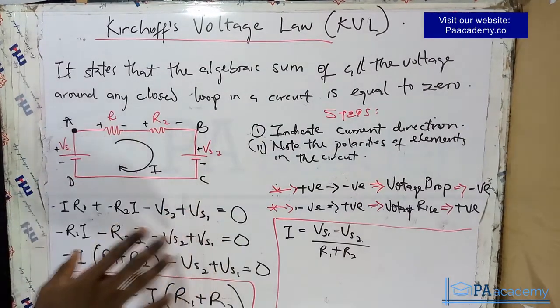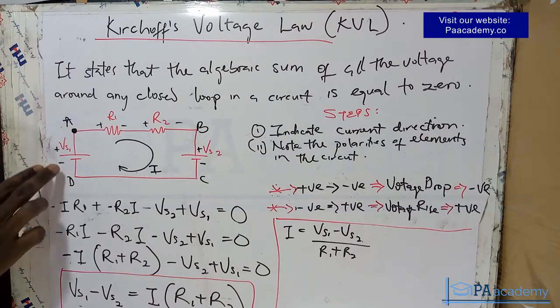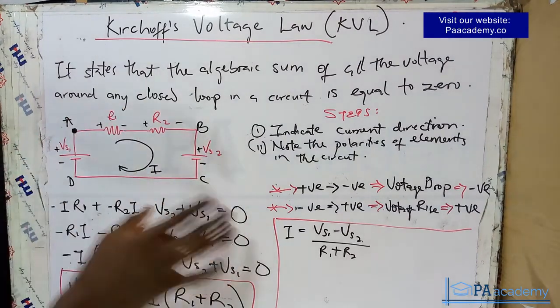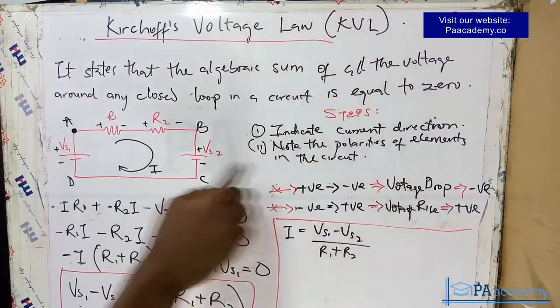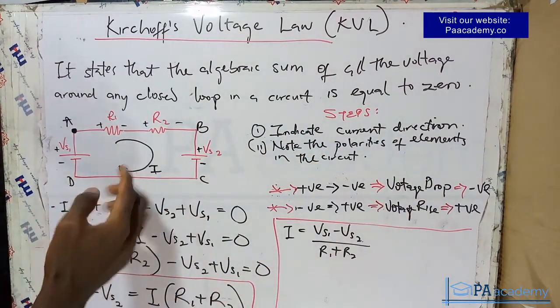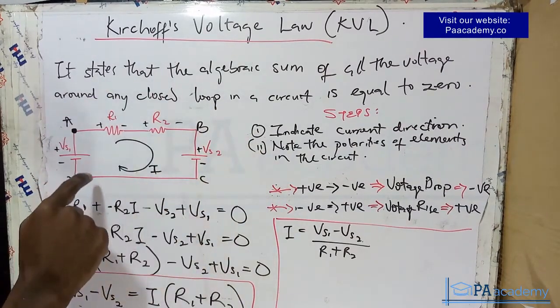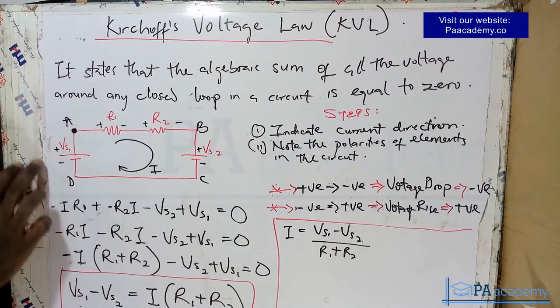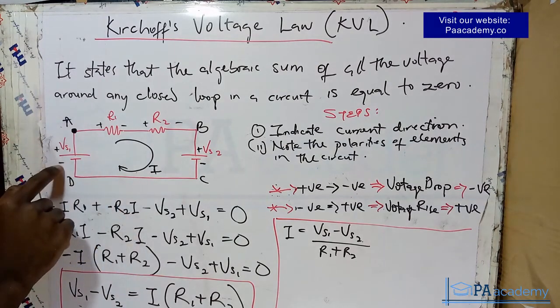And I've shown you how to go around when you are dealing with Kirchhoff voltage law. Once you have your circuit, you pick your current. I've noted here, indicate your current direction. This time around it is the clockwise direction. Then you note your polarities. For the voltage source, the polarities are always fixed. The longer side is positive, the shorter one is negative.